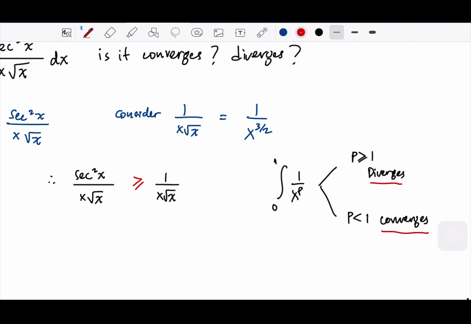I think you can also try to get a clearer understanding using a graph. I think that will be really convincing.